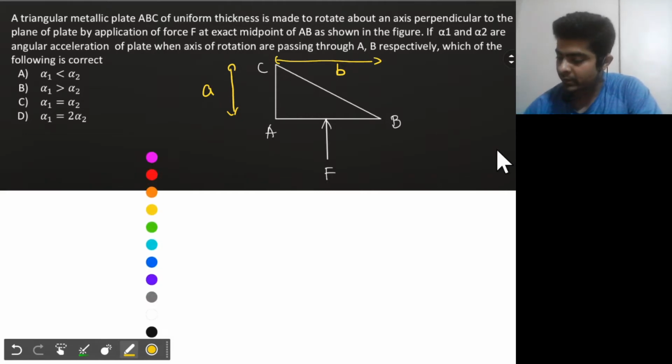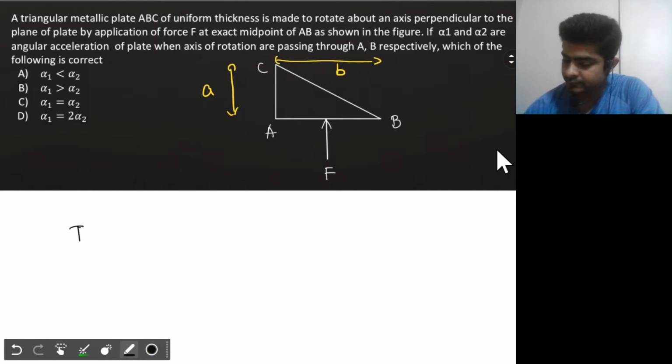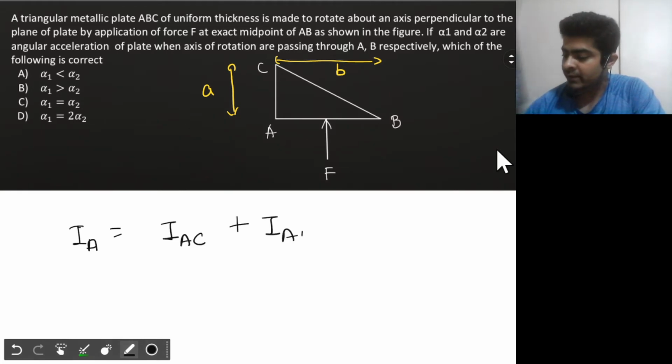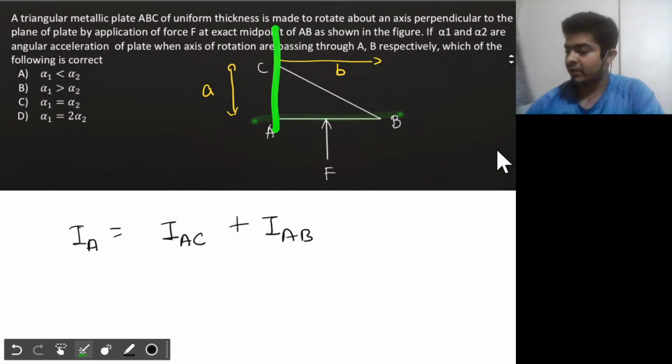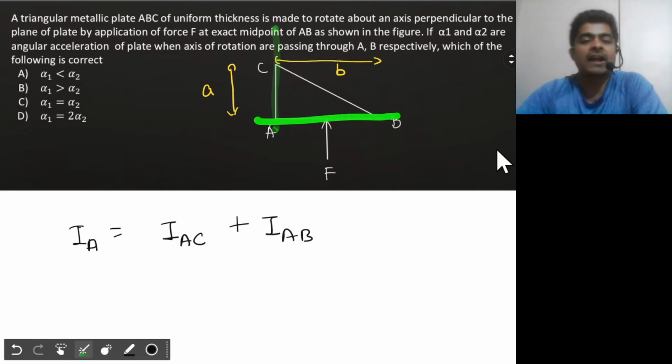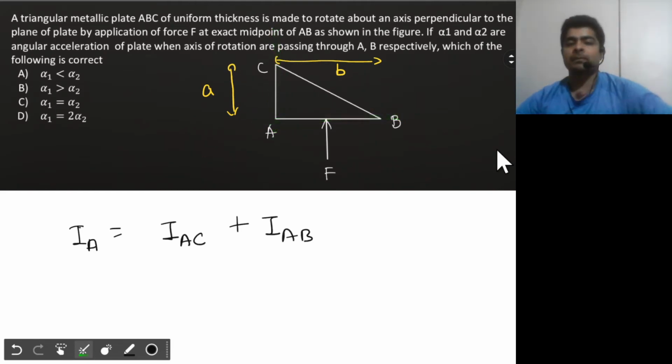Okay, then moment of inertia about A will be how much? Moment of inertia about A will be moment of inertia about the axis AC plus moment of inertia about the axis AB. This is the axis AC and this is the axis AB. So about this axis I find moment of inertia, about this axis I find moment of inertia, and then add them together using perpendicular axis theorem.